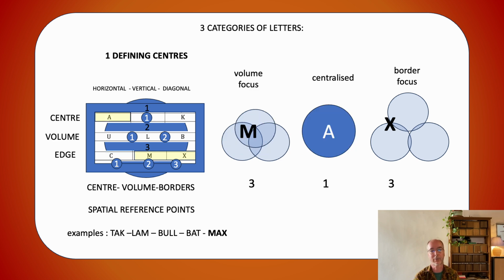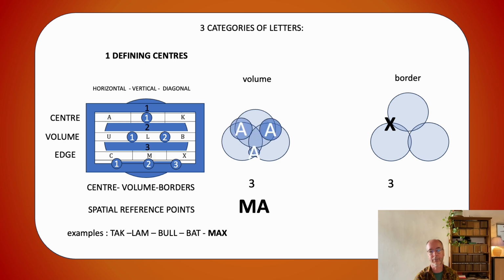In the word max, we only need two of the letters, and one of the other letters is the centralized focus. So we will start from the volume focus, the volume which is in balance, but from where you focus mostly on what you create as a volume from inside.